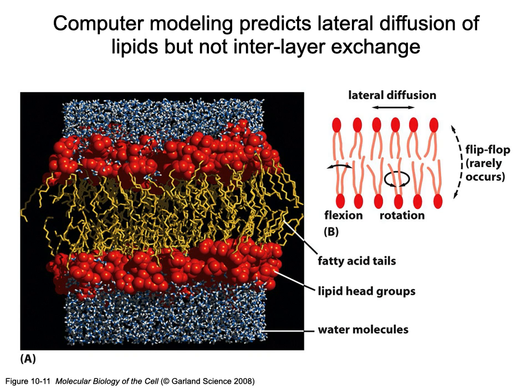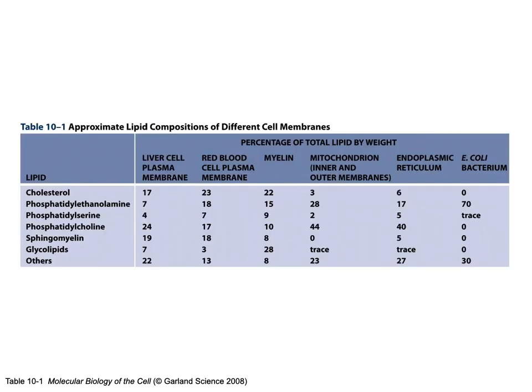Okay. If we're responding to something, there may be flexion that's needed between those hydrocarbon tails to allow more flexibility within the plasma membrane, or some kind of rotation that occurs. The flipping of a phospholipid from one layer to the other layer rarely occurs, and we'll talk more about that later.